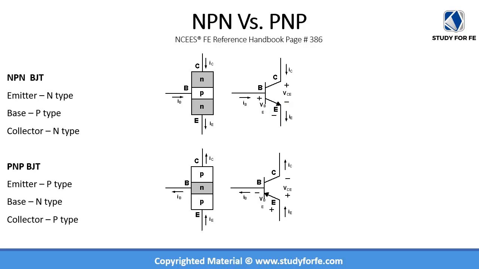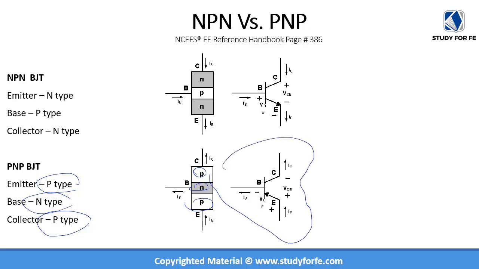Now we have a PNP transistor, PNP BJT. In this case, your emitter is a P-type region, your base is an N-type region, and your collector is also a P-type region. So this is your collector, this is your base, and this is your emitter. You can see that the arrow is pointing inwards to the actual transistor.